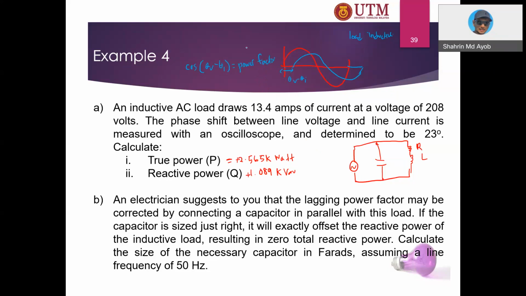If you have a very small difference angle between theta V and theta I, maybe in phase, your power factor is equal to 1, because theta V minus theta I is zero angle. So your power factor is equal to 1. This is the best one.